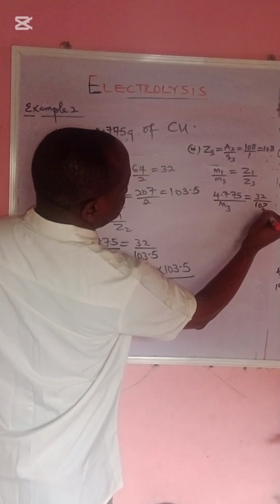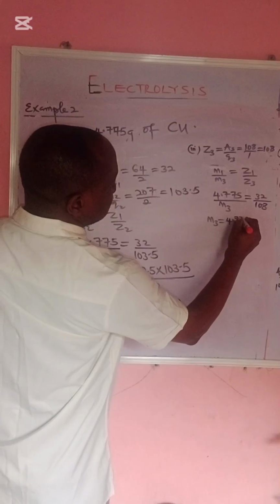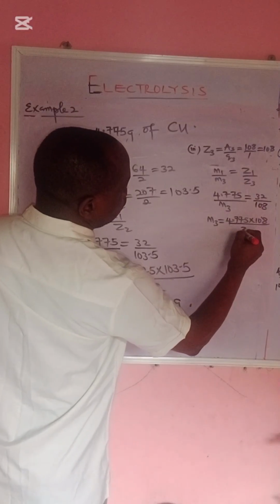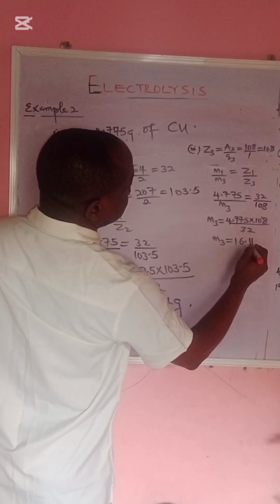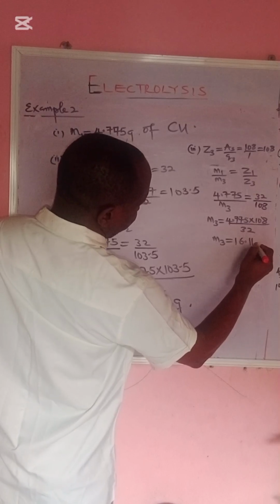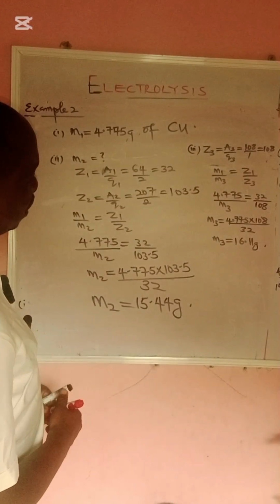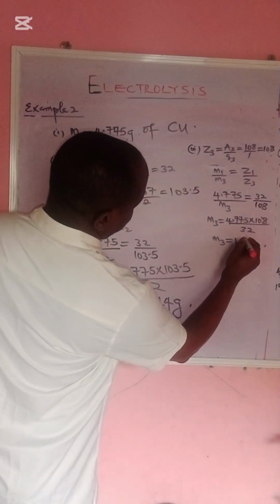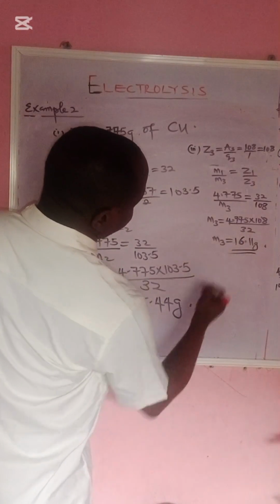Z3 is 108. So M3 will now be 4.775 times 108 then divided by 32. So we are going to get the same answer, 16.11 grams. That's the answer.